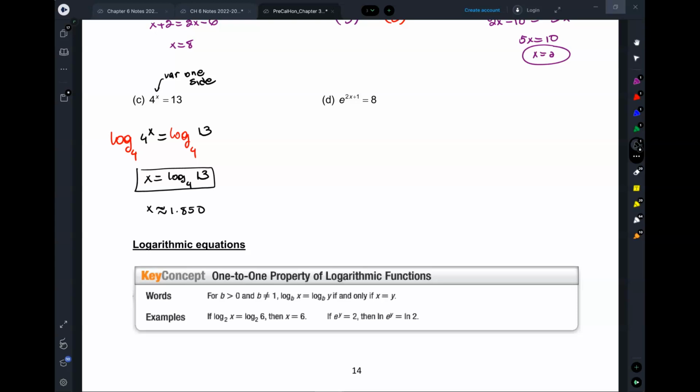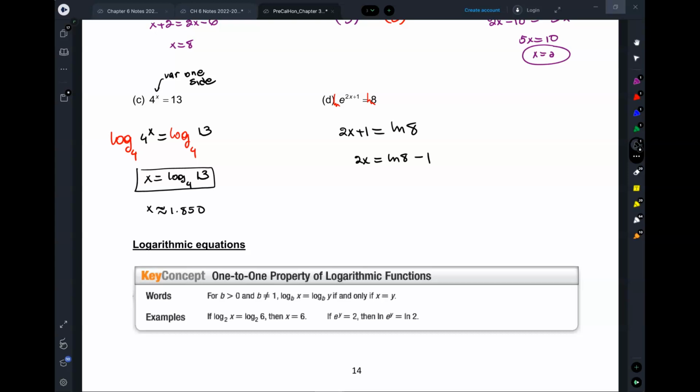The log base e is just ln, right? So I take ln of both sides. I get 2x plus 1 is equal to ln of 8. And now I have to subtract 1. So I get 2x equals ln of 8 minus 1. Please remember, this cannot be ln of 7, right?